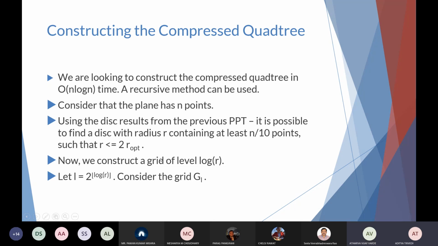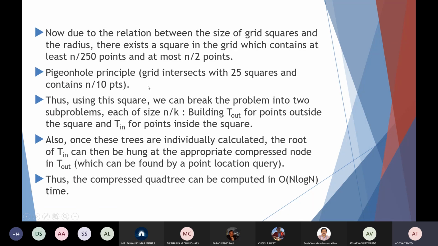Now let us construct a grid of level log r. So this grid G_L, where L is this, right? Now imagine the disk and the grid overlaid on top of it. It is a bit mathematical, so I'll go over it quickly. You can read it. In this grid and inside the disk, there will be at most 25 squares, 5 into 5.